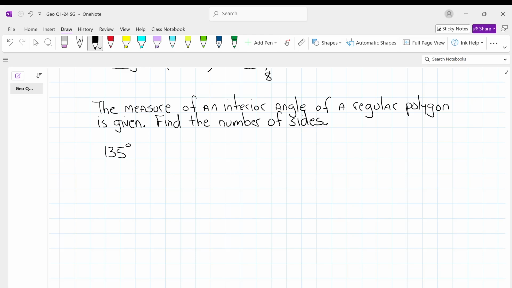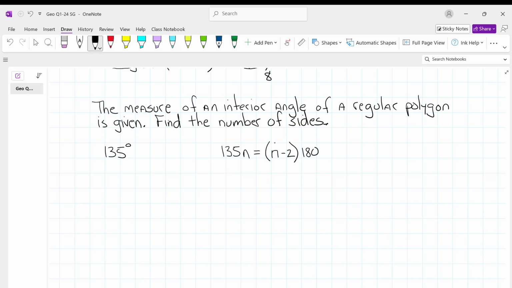You take the angle measure given, you multiply it by n, and then you set it equal to n minus 2 times 180. Angle measure given times n equals n minus 2 times 180.